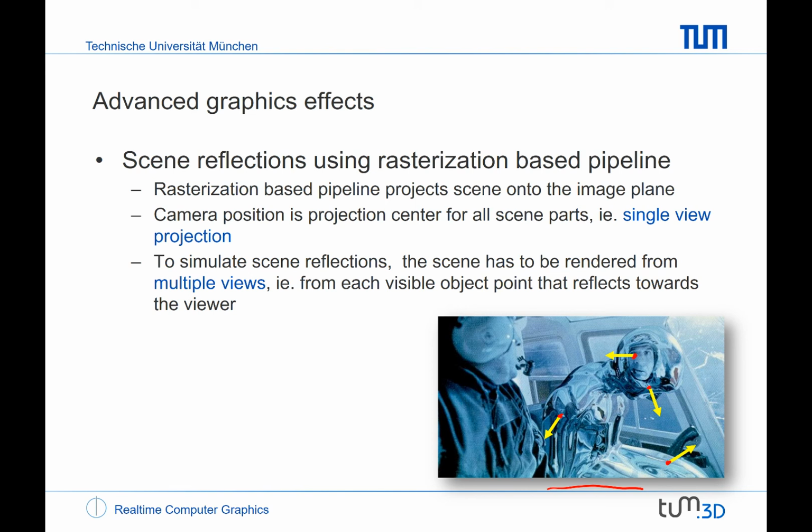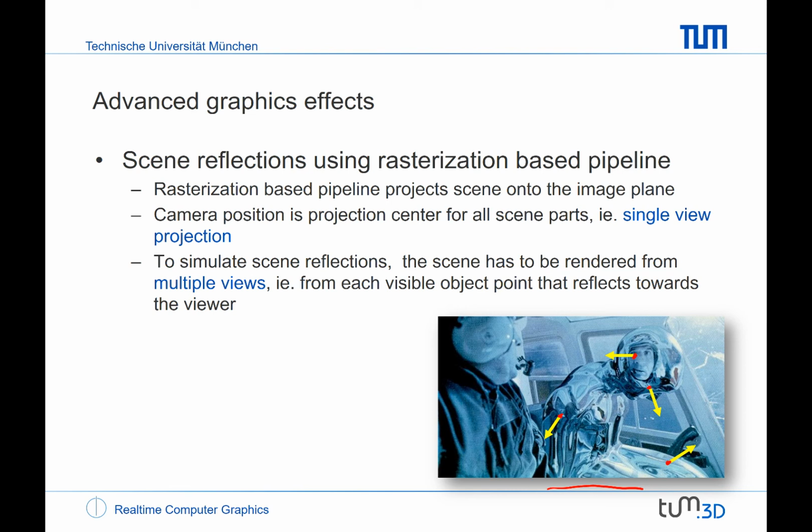And this would then mean that the scene has to be rendered from multiple views, for each of the reflection vectors at any of the points in which the environment is reflected. We would have to render the scene as seen from that view, with the yellow vectors being the viewing directions.